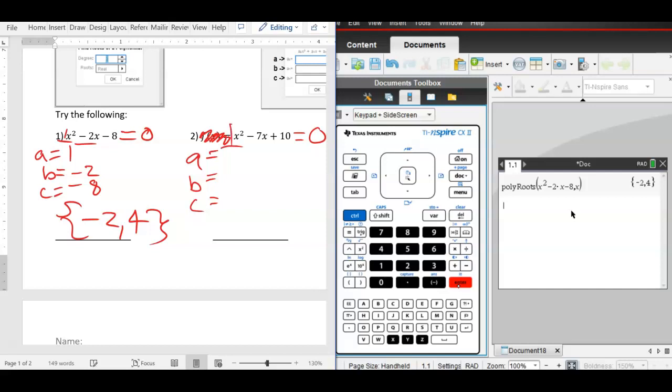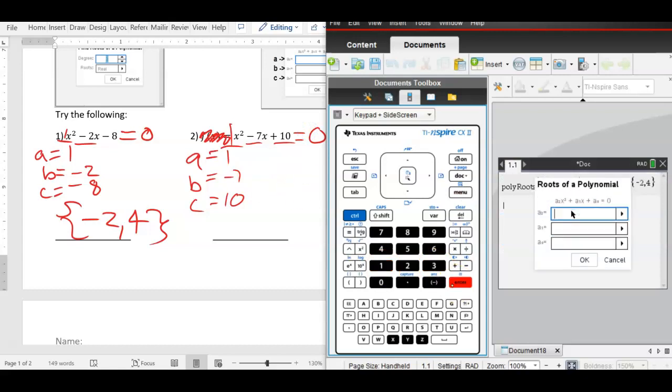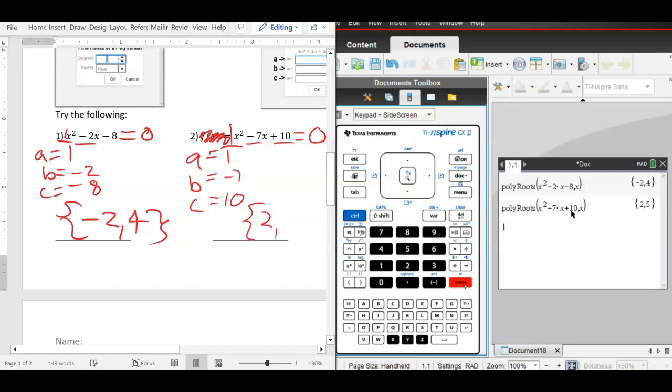So a is 1. What's b? -7. What's c? Can I press menu 331, enter, and put in these numbers? 1, tab, -7, tab, 10, enter, enter, enter. I got 2, 5. Too easy.